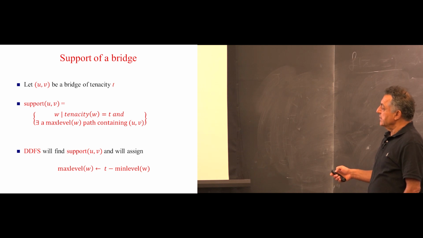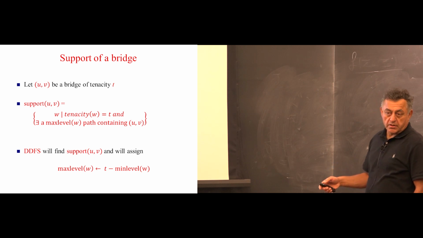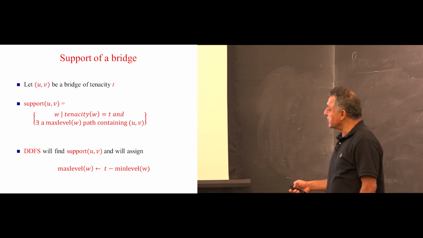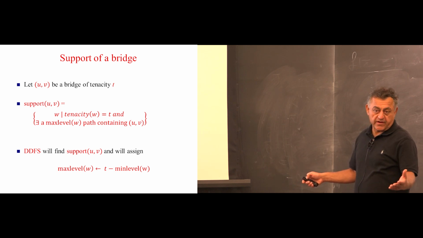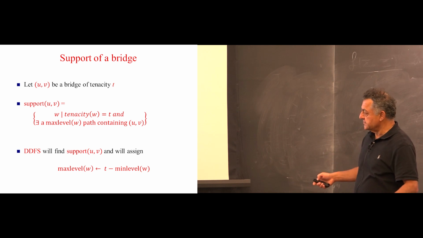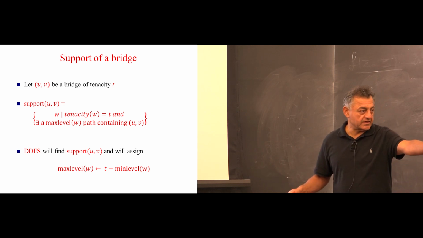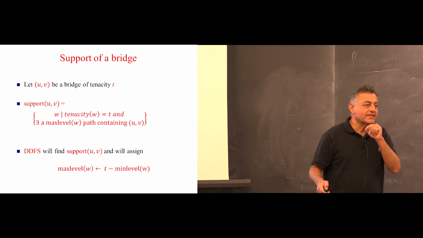So let UV be a bridge of tenacity T, and I'm going to define its support to be all those vertices of the same tenacity as the tenacity of the bridge. Now that I've defined tenacity of an edge and vertex both, I can talk about both tenacities. It's the same tenacity that Swami mentioned at the beginning of the talk.